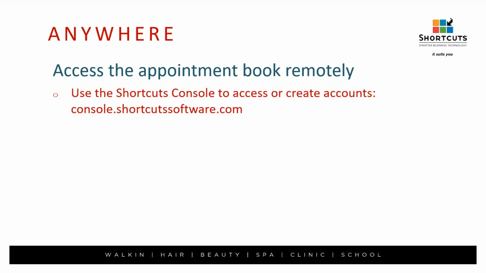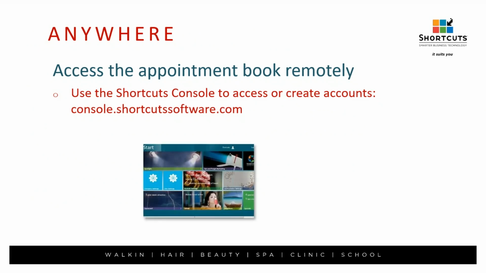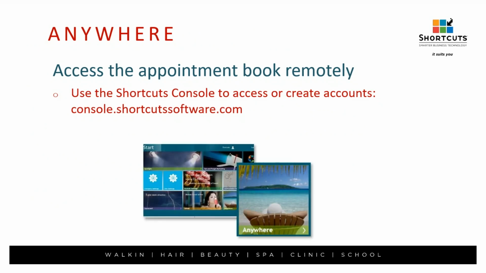So, what is Anywhere? Anywhere is the ability to access your appointment book remotely. So, whether you're a salon owner or you're just an employee and you want to have that ability to look at your appointments for that day or that week, then you want to use Anywhere. And it's a web page, again, accessible by going to the console. Now, what administrators see and what employees see are actually two different things.